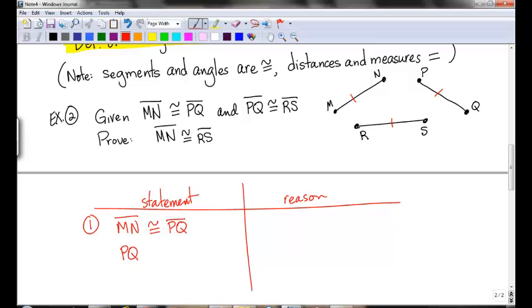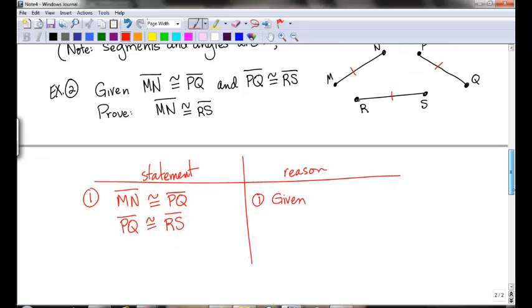PQ is congruent to RS. Okay, and that's given. Now we need to get down to MN is congruent to RS. Okay, before you can just jump to the segments being congruent, you got to get their measures.